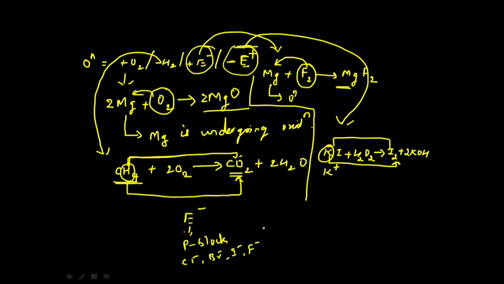These are all electronegative elements and they show negative oxidation state or oxidation number on their atom. Electropositive elements generally lie towards the left side of the periodic table. Generally s block elements or d block elements are electropositive elements, like sodium existing as Na plus, potassium ion K plus, lithium Li plus, calcium 2 plus. These are all electropositive elements.